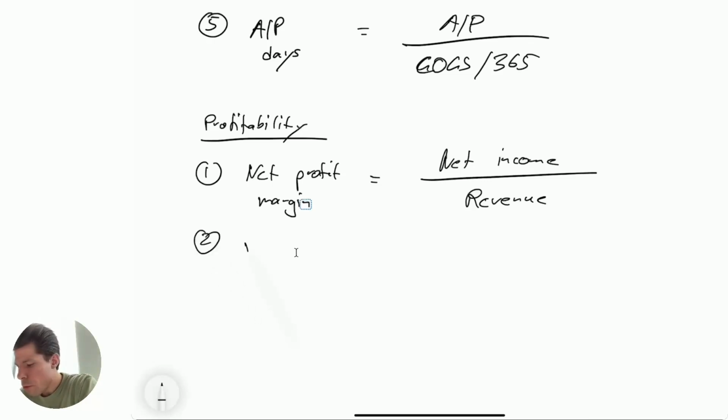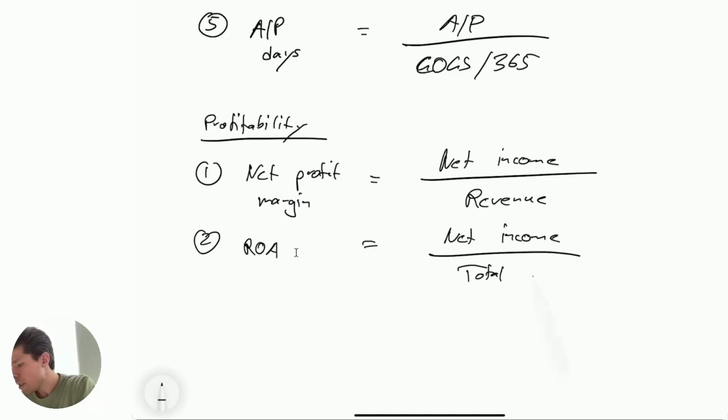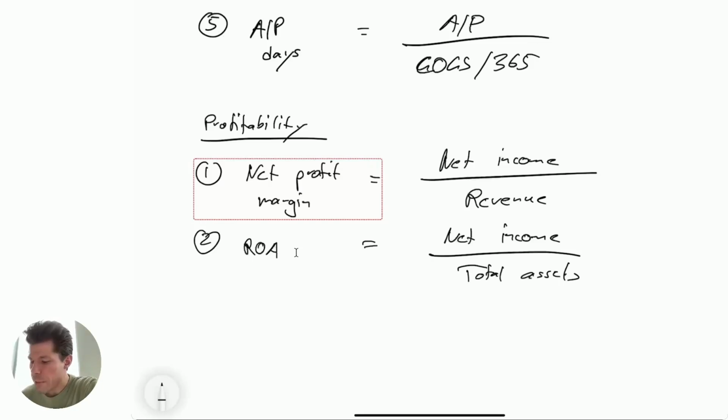2, return on assets. Again, net income, but then over total assets. And here, as mentioned earlier, please keep in mind to translate balance sheet items with income statement items. Usually for balance sheet items, you take a kind of average to match with the income statement period.